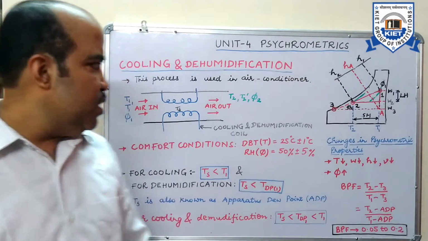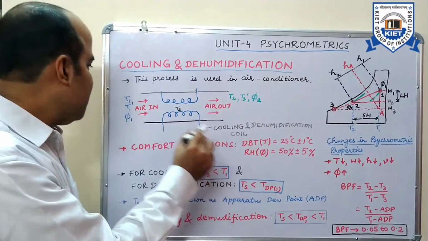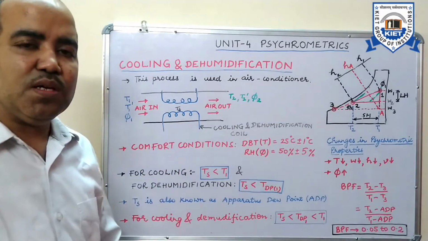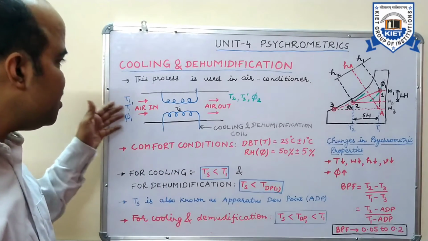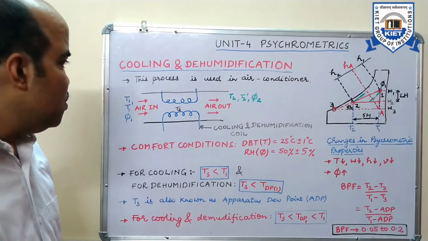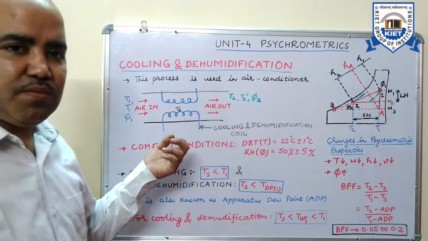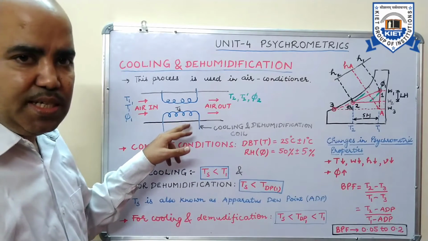Again, as you can see, we have a duct where the air is flowing into the cooling coil. From the left hand side, the air is entering, and then it comes in contact with the cooling coil, which is maintained at temperature Ts.